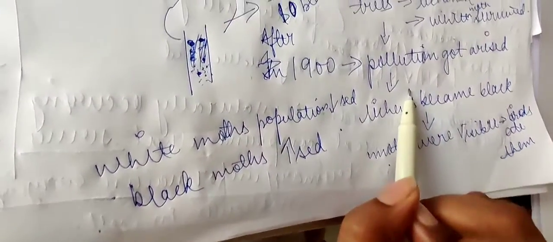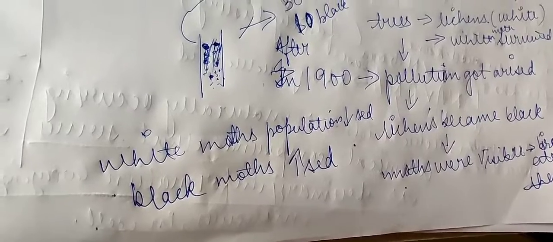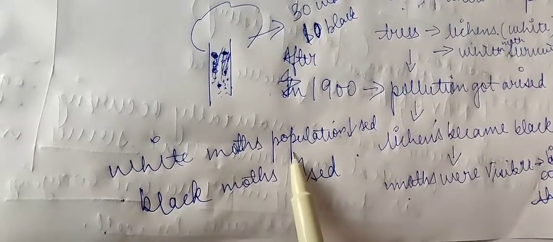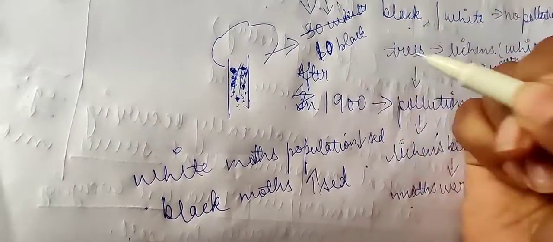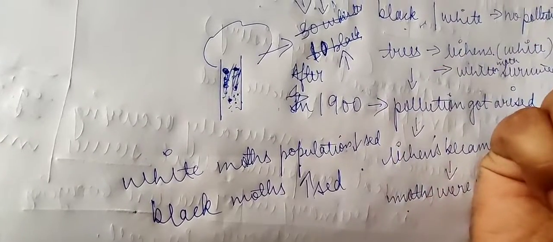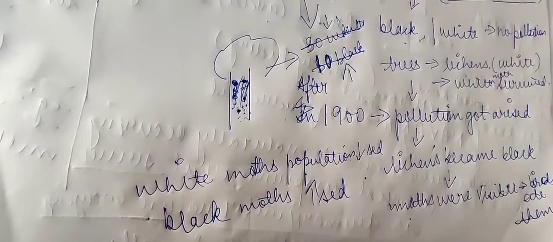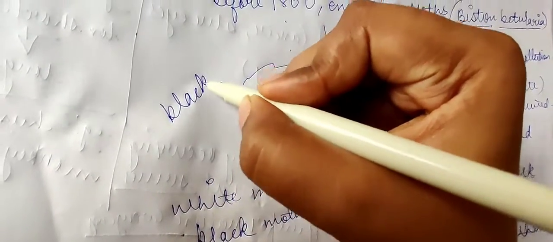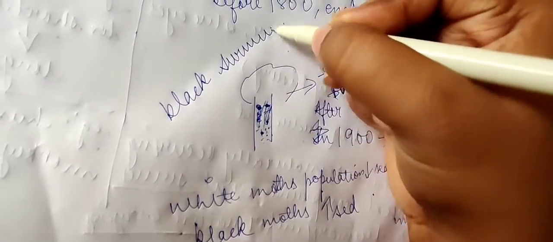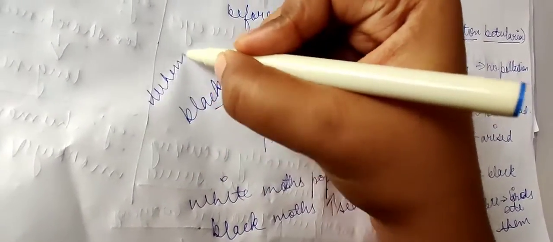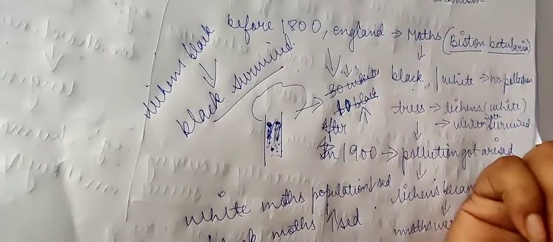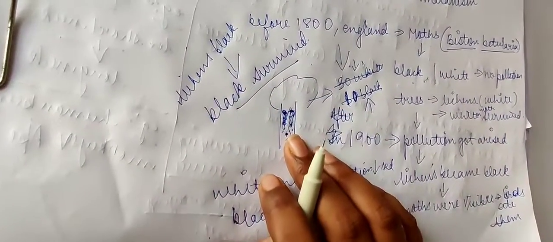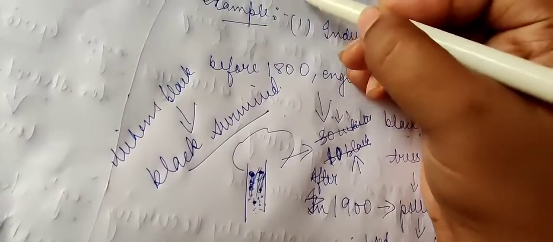After 1900, the white moths died and their population became less, and the black moths' population rose. At last the black survived, because the lichens became polluted and black. So this is an example of evolution.